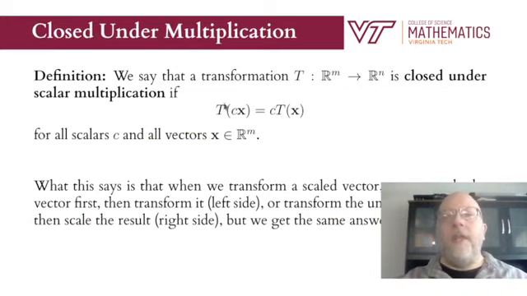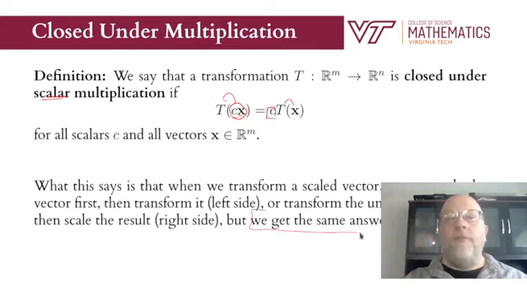And we say that a transformation is closed under scalar multiplication. Matrix multiplication is fragile, but scalar multiplication isn't. If we take a vector and we scale it and then transform it, we get the same answer as if we transform it and then scale the answer when we're done.